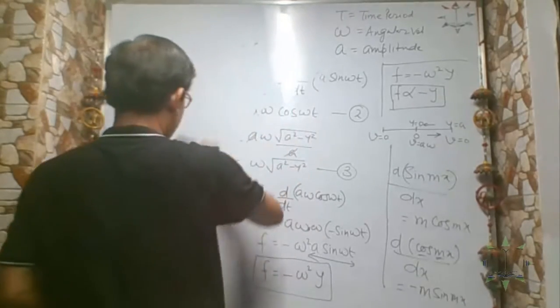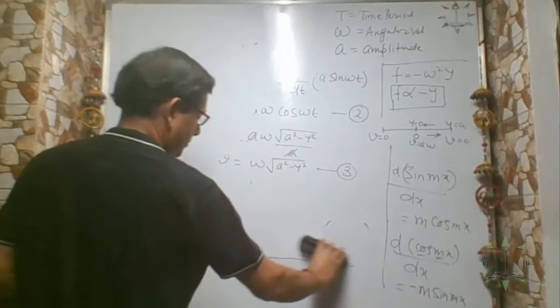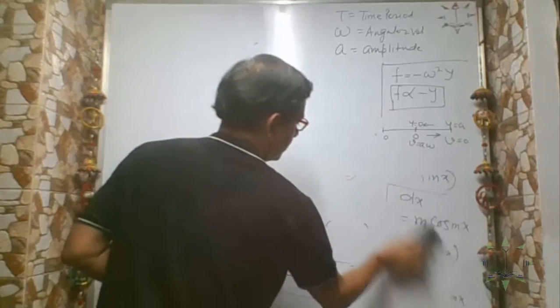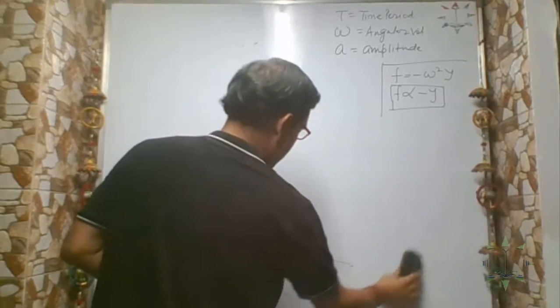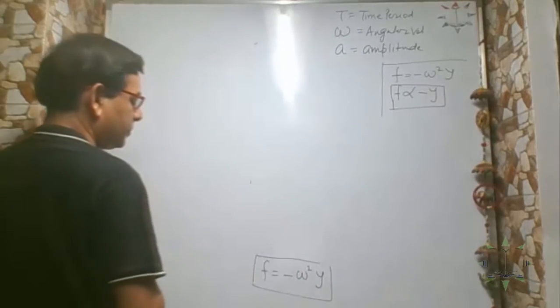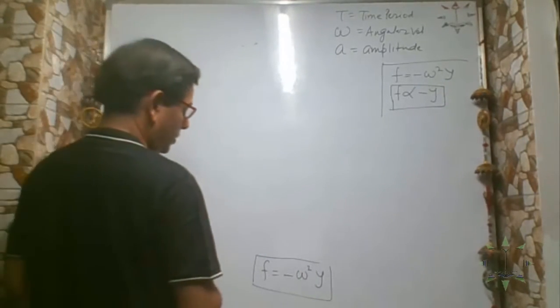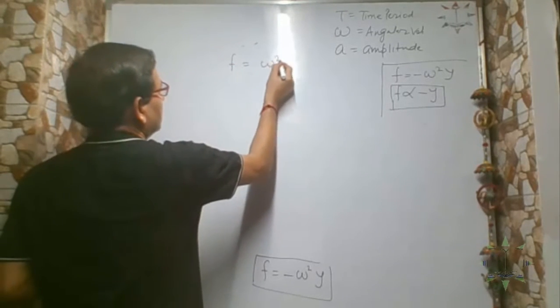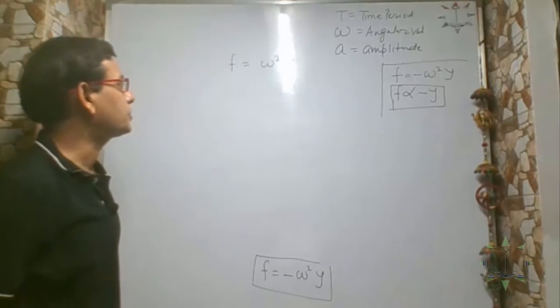Now what will we get from this equation? Let us analyze it. Acceleration equal to minus omega square into y. Now we are neglecting the negative sign as it indicates that two vectors are oppositely directed.